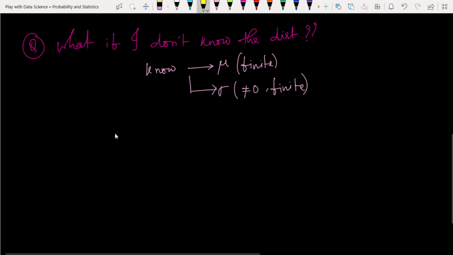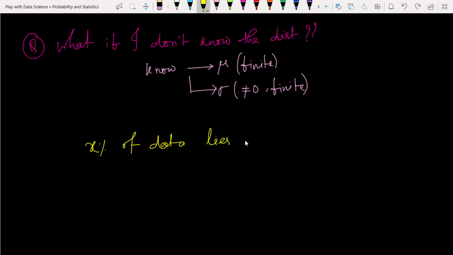Suppose x percent of the data lies within this range, mu minus 2 sigma to mu plus 2 sigma.